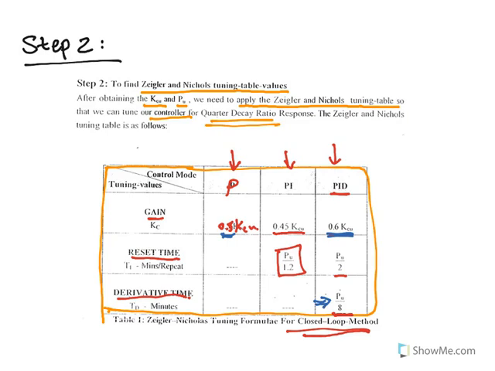The derivative will speed up and accelerate the process variable performance, so we can add a higher gain here. The derivative will make the performance faster, so we can increase the gain in this mode.